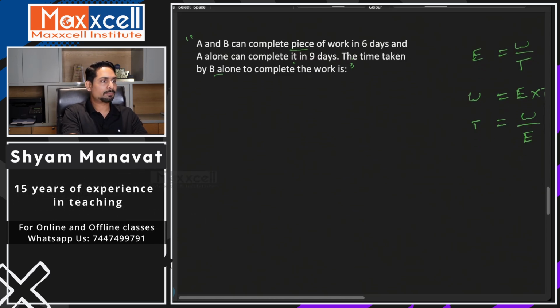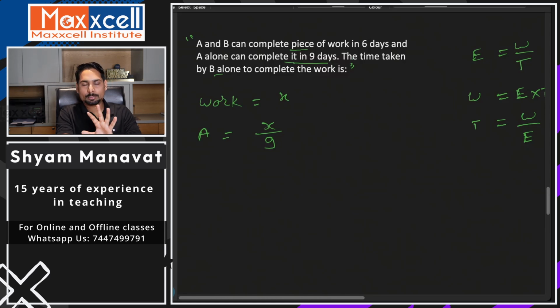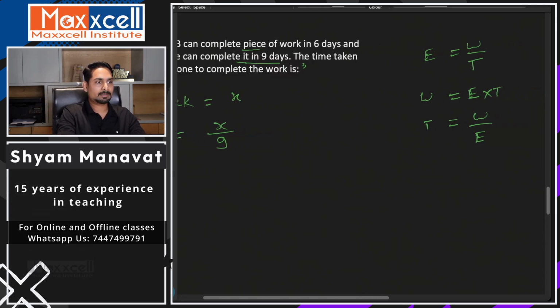The first method is assuming work as some variable. Let's say I assume work to be X. In that case, A's efficiency is X upon time taken by A. A alone can complete the work in 9 days, so A's efficiency is X upon 9. Why X upon 9?